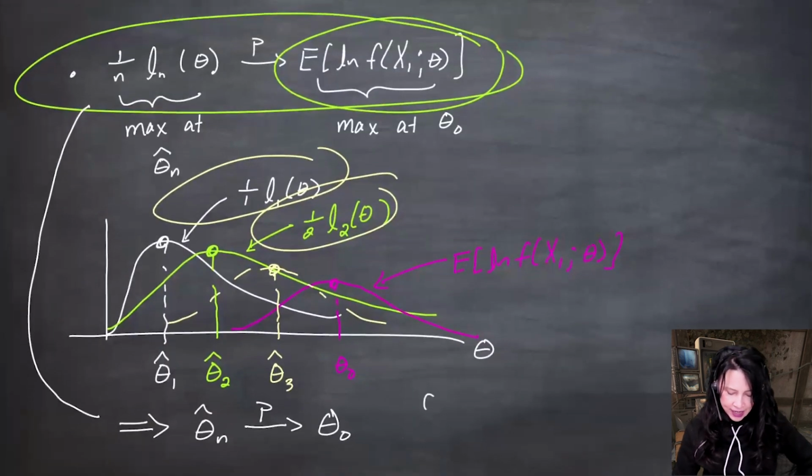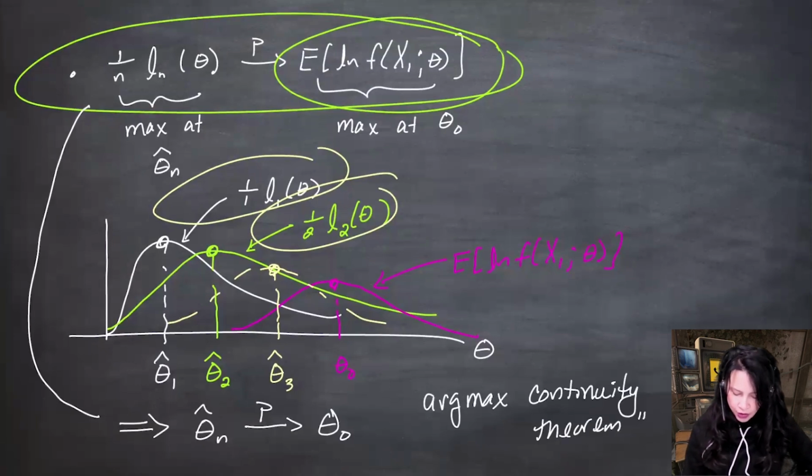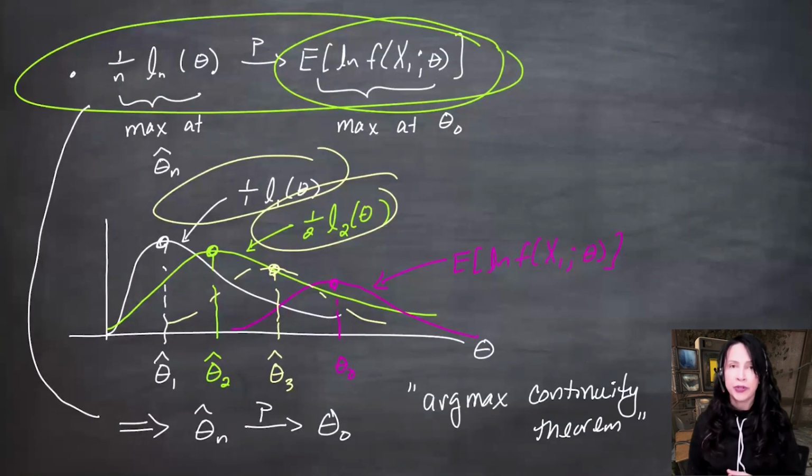Again, there is an argmax continuity theorem, which is what I would start looking for if you were trying to Google results, and it does not depend on probability or statistics, but just analysis and functions and their maximizers. And you're not always guaranteed for this to happen.